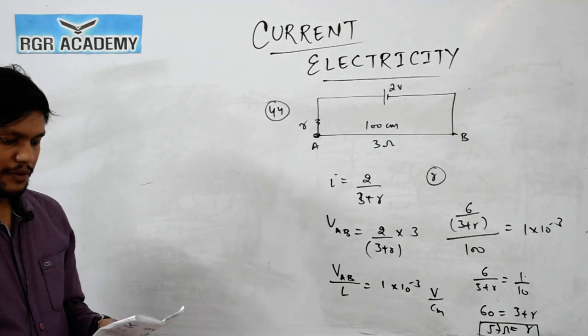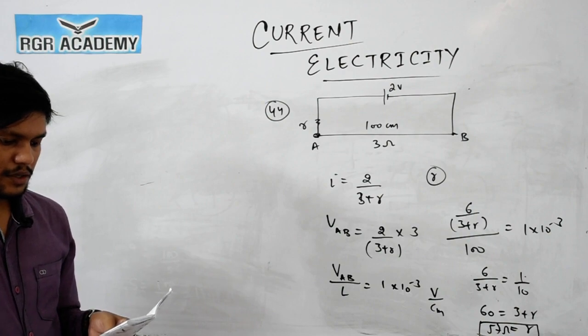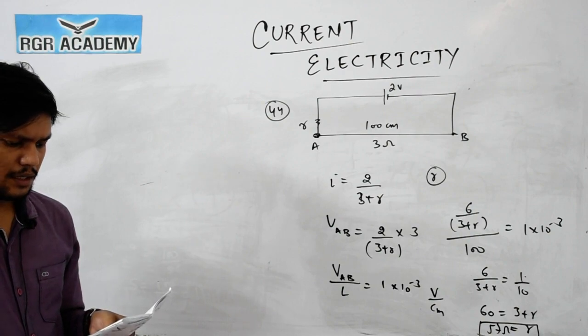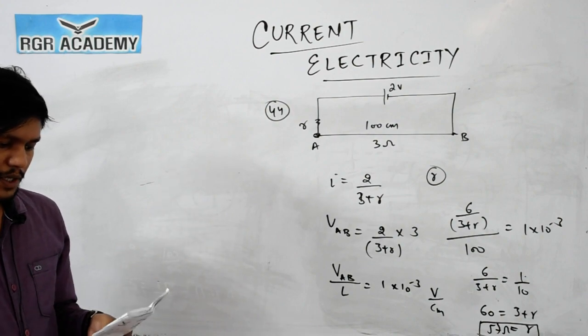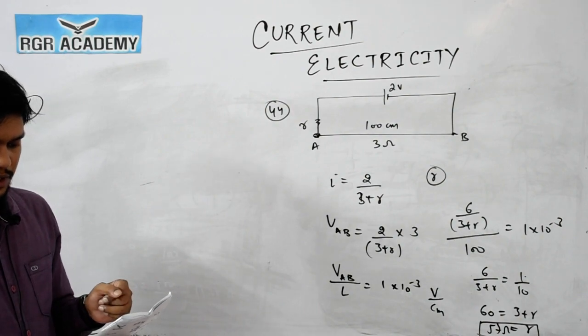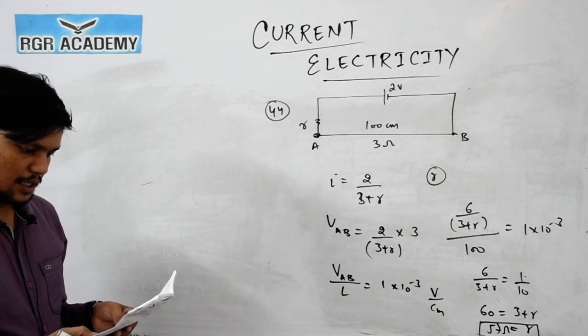So question number 45. Eels are able to generate current with biological cells called electroplaque. So actually one diagram is given, and the question language is given in 7-8 lines, but this question is simple only.